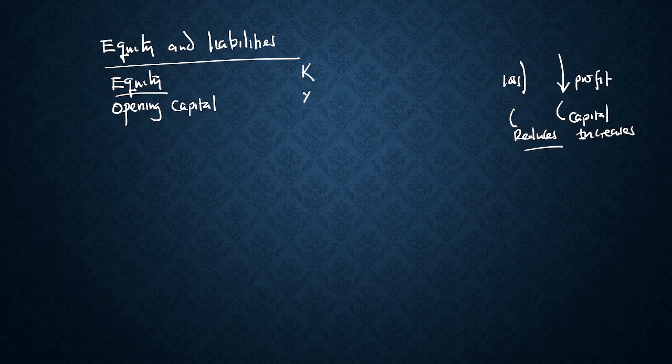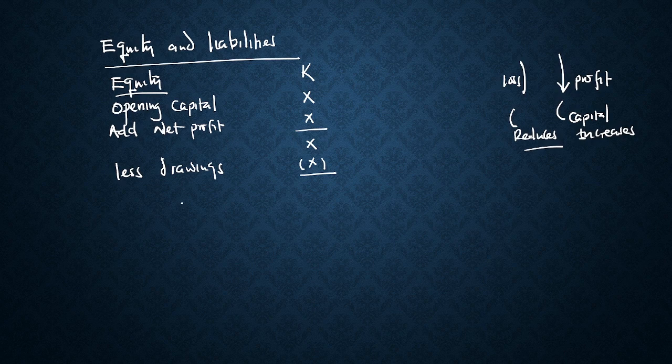Then you add your net profit and get a value. Once you get that value, you say less drawings. Subtract your drawings and you get your closing capital.